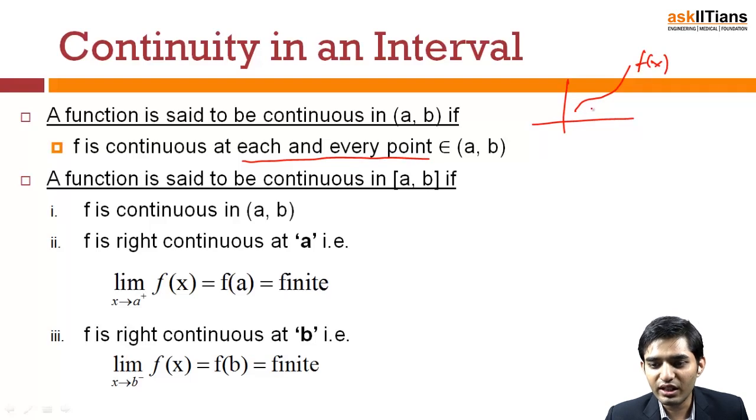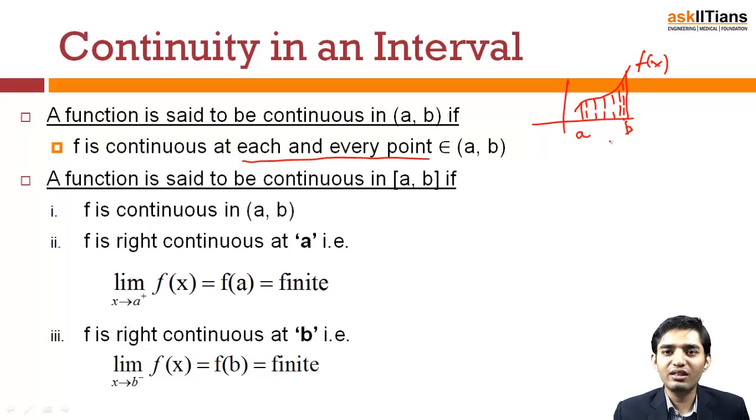So this function is continuous in an interval a to b, where b is greater than a, obviously, right? If I am talking about interval a to b, that means b will be greater than a. So this function will be continuous in a to b if at each and every point it is continuous. At all these points between a and b, the function should be continuous. Then and only then we can say that f(x) is continuous in the full interval a to b.